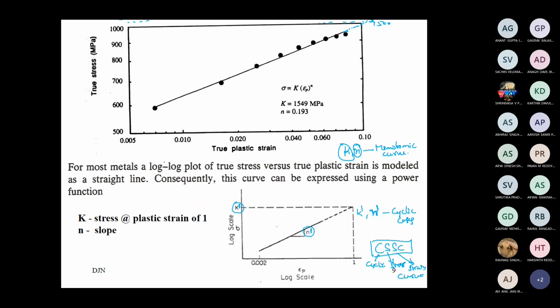So from the cyclic stress strain curve, if we determine these properties, we use the notation K' and N', where K' is the true fracture strength coefficient, epsilon F', and N' is the slope of that particular curve, the stress versus plastic strain curve.